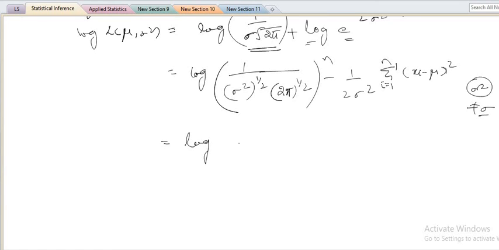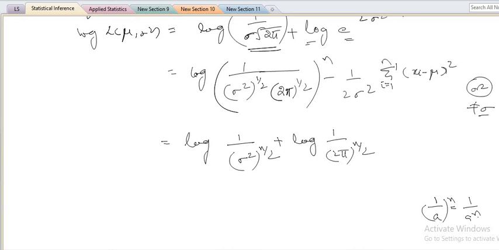Log of (1 by sigma square) whole power n by 2, plus log of (1 by 2 pi) whole power n by 2, because (1 by a) whole power n is 1 by a power n. Here 1 by 2 is there, so n by 2. Here 1 by 2 is there, n by 2. Minus 1 by 2 sigma square summation i equals 1 to n of (xi minus mu) whole square.